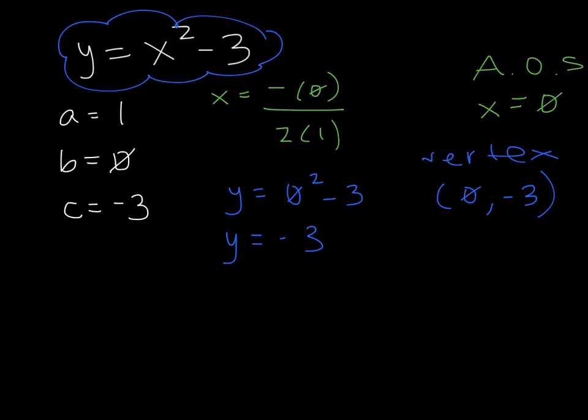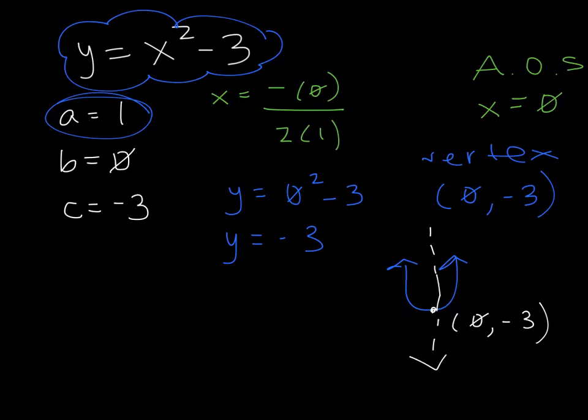We would expect our vertex to be on the y-axis. In this case, A is positive, so I know my parabola opens up. I'm going to label my vertex, which is at 0, -3. I'm going to go ahead and dash in my axis of symmetry and label it at x equals 0.